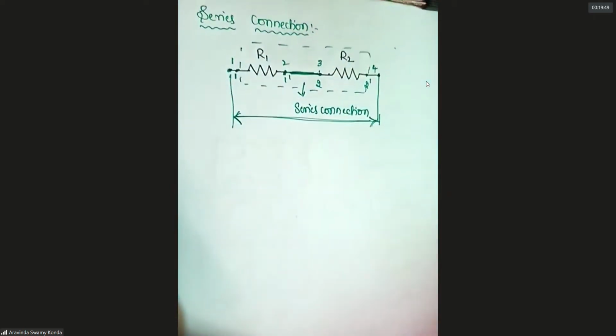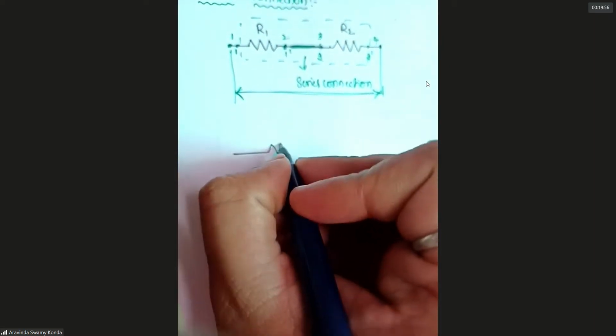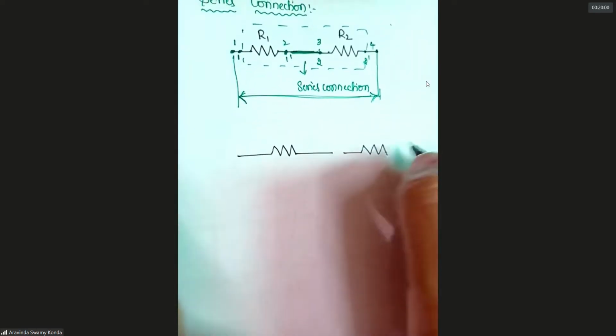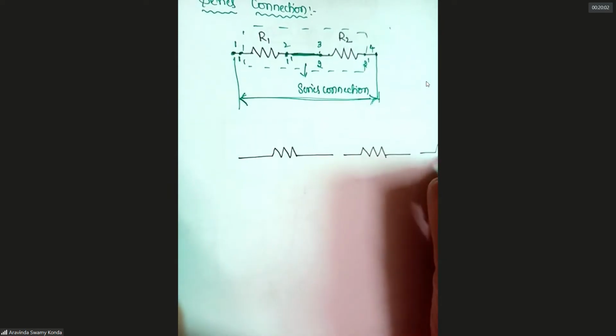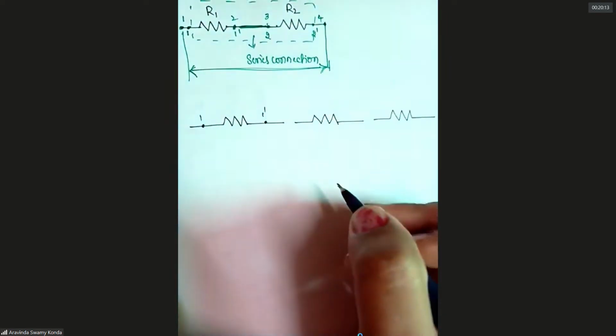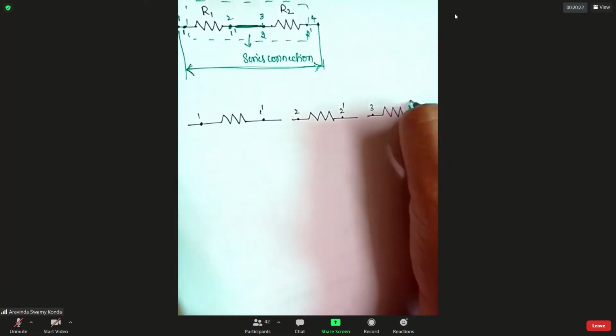In order to understand more clearly, I'm taking 3 resistors. First resistance, first terminal and other terminal; second resistance, first terminal and other terminal; third resistance, first terminal and another terminal.